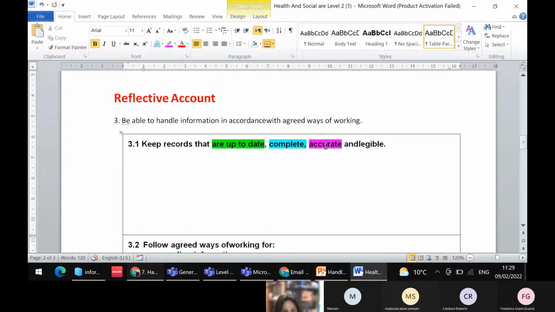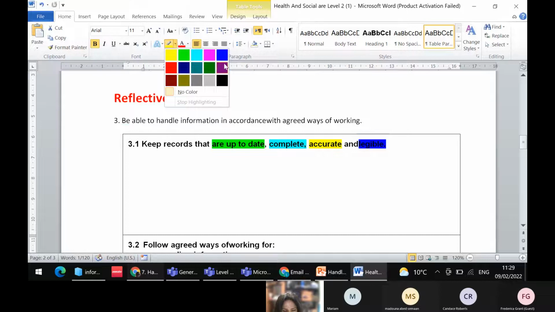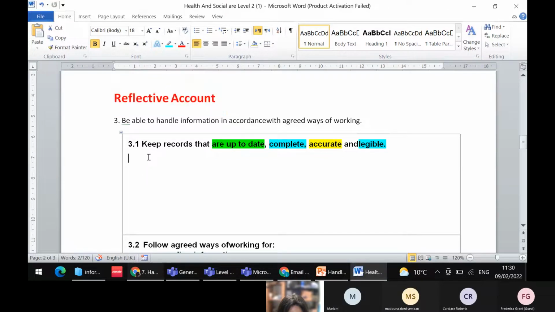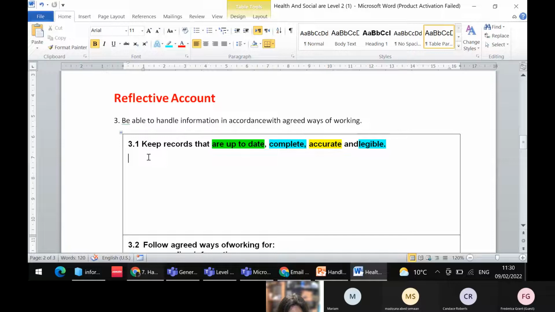Oh, this is a bad color because it's not showing the writing. And then legible. So for me as a carer, I'm just answering the question because it's in a red area. It's a reflective account, so I have to talk about myself. I say keep records.